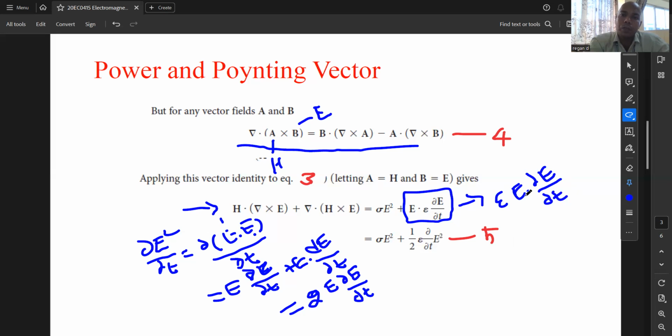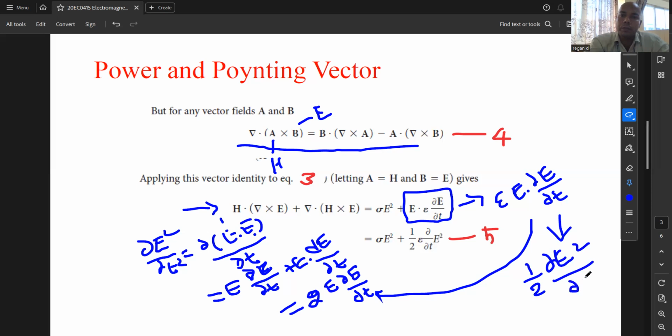So E dot dou E divided by dou T is equal to dou E square by dou T, divided by 2. So in this place, we can write 1 by 2 dou E square divided by dou T.